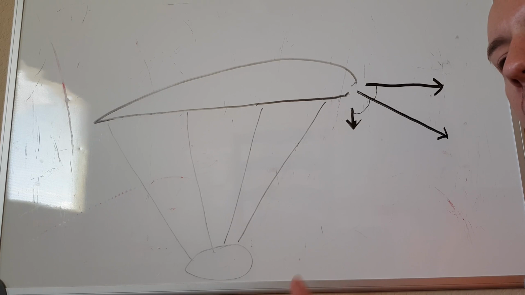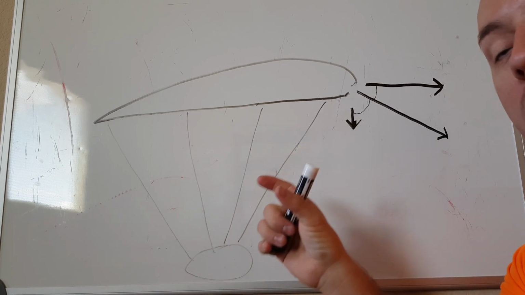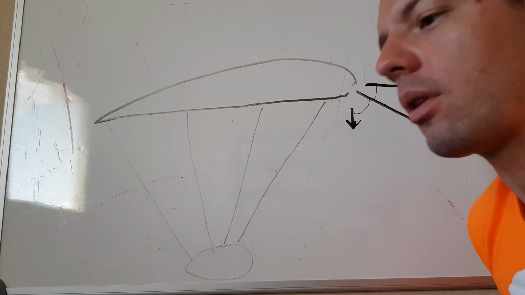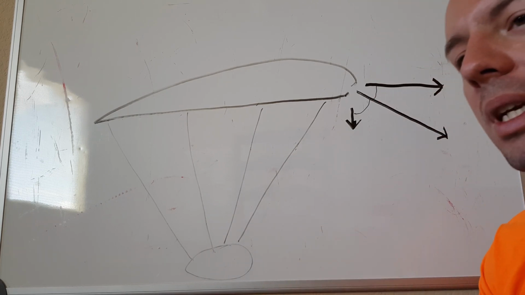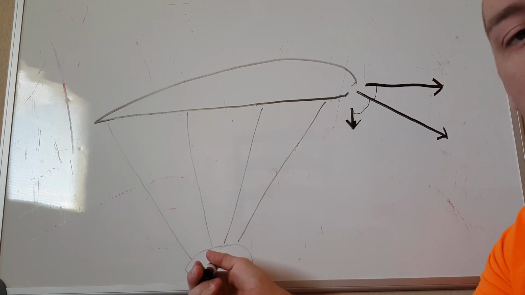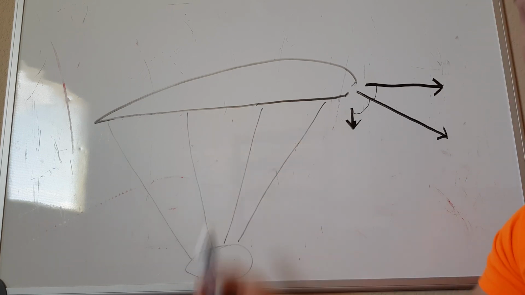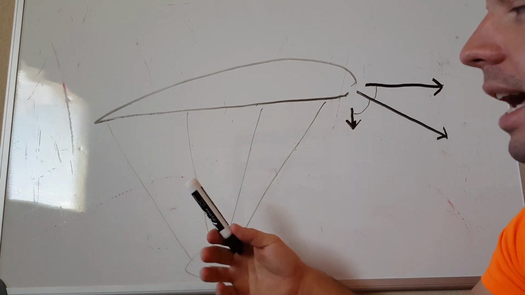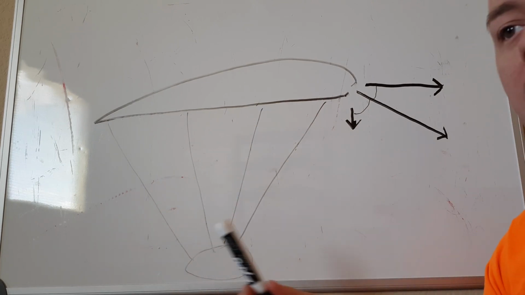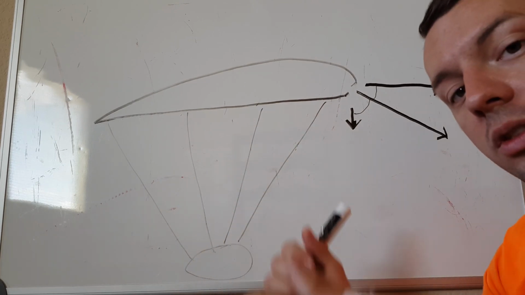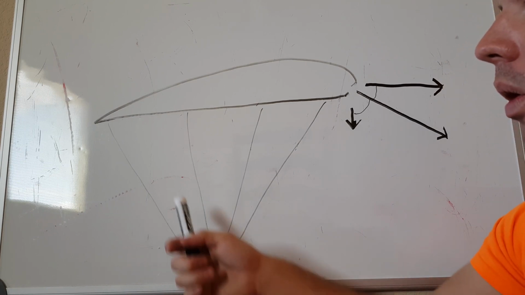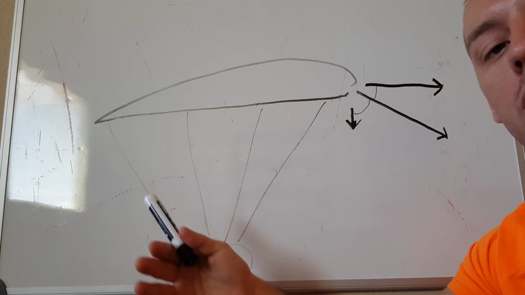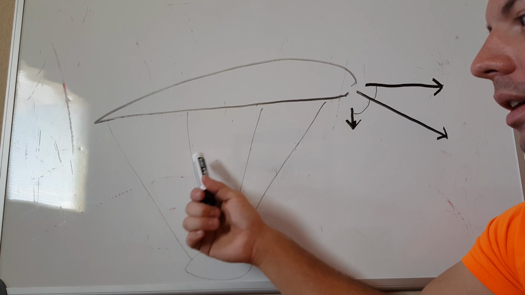Now in an airplane, that is the correlation between the elevator and the airfoil, the wing itself. But on a paramotor or a paraglider, your trim speed depends on how much weight you're carrying, so how loaded the glider is, and the angle of attack that it wants to fly at, which can be changed by either your trimmers at the rear of the glider or how the factory trimmed the paraglider with the lines.